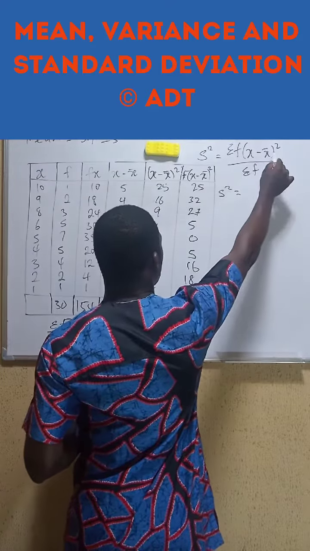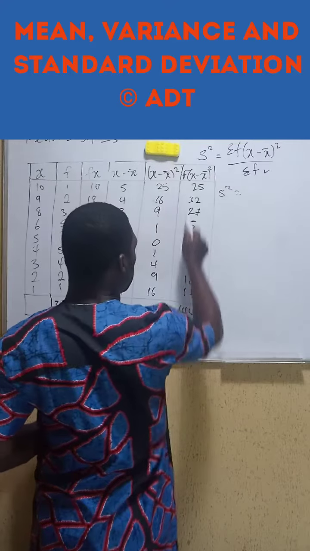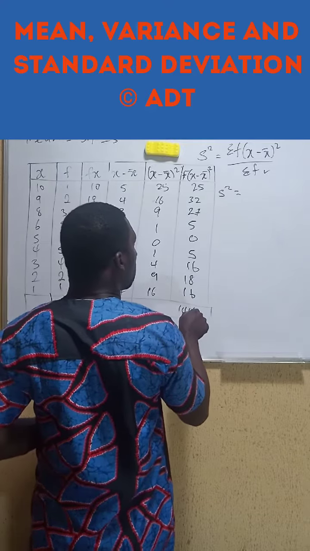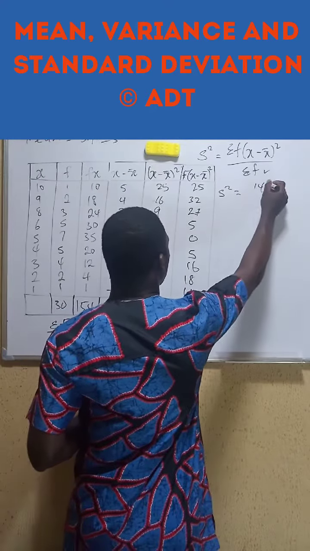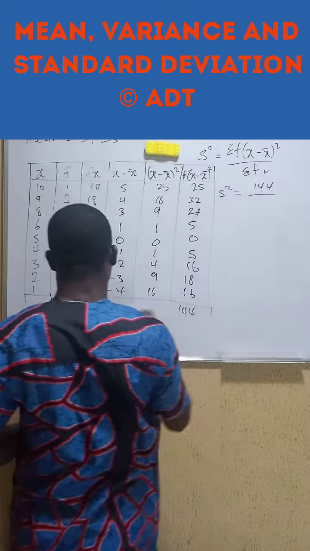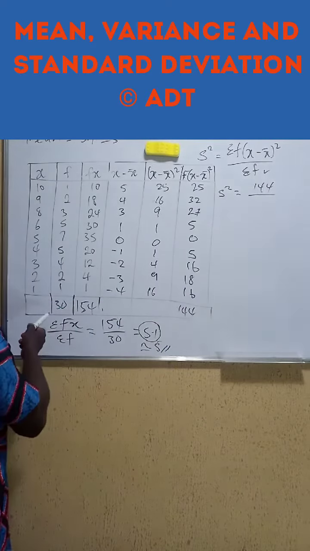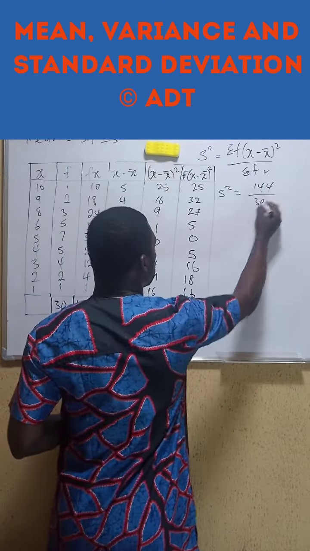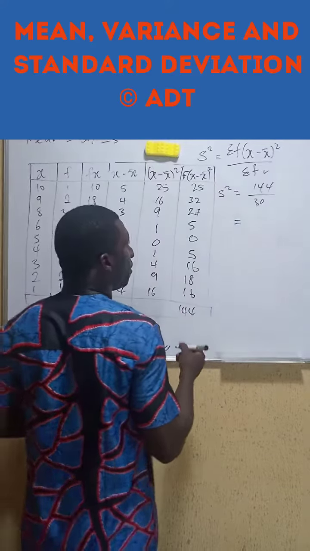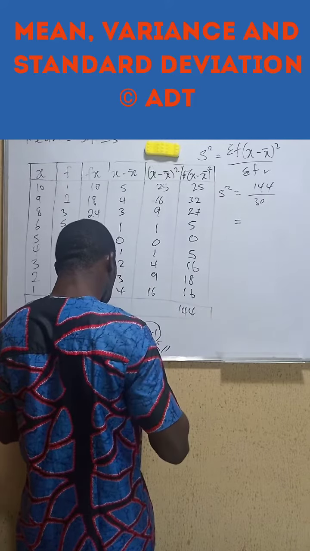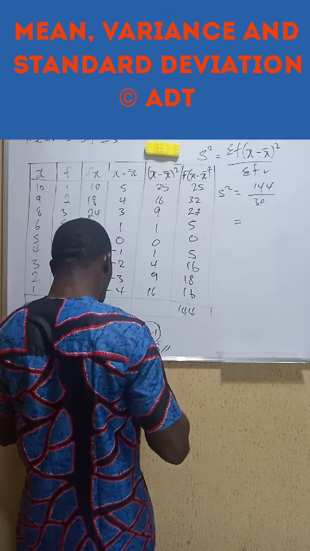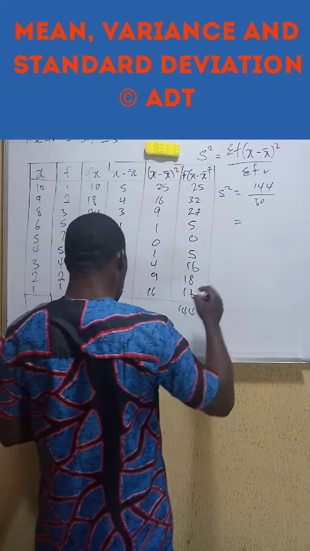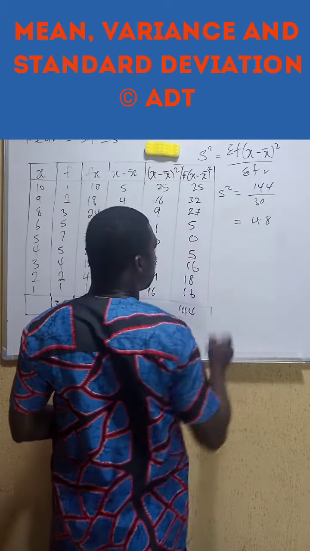The numerator is this; summing all of this gives us 144. So this should be 144 divided by the summation of f, which we have as 30 here. That will give us 4.8.